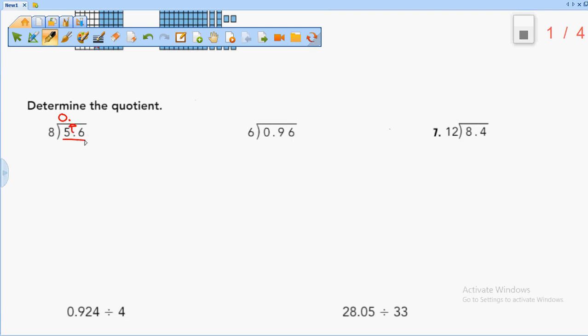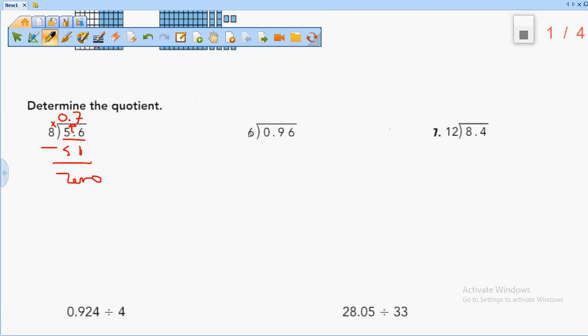And the number now is 56. 56 divided by 8, I have to check. What is the number when I multiply it by 8? I have to get 56, or how many 8 inside 56? It's 7. 7 by 8 is 56. When I subtract them, I will get 0. So the answer is 7 tenths.